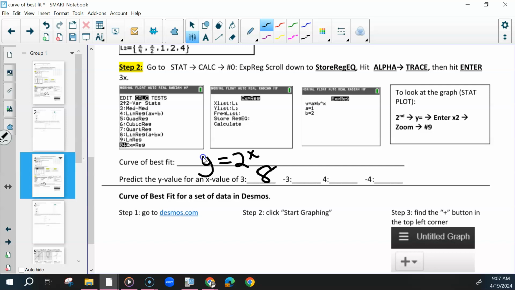Because you delete this stuff, or you do this, you put that in L1. Follow the directions for step 2. Questions on how we found that? And then you're going to do the same thing in Desmos. Put it in Desmos.